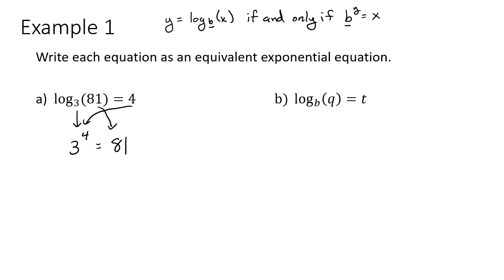And so we get the equivalent exponential equation, 3 to the 4th power is equal to 81. So remember the process. Bring down the base, swap the position of the other two numbers. And it will always work.